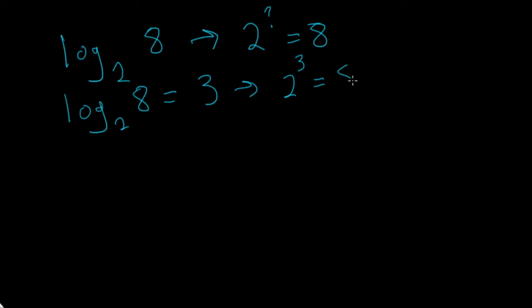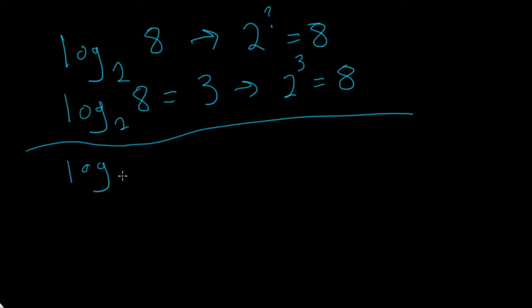because 2 to the third power is equal to 8. All right, so let's try one on your own. So say we have log base 4 of 16. All right, so take a second and see if you can figure this out. So hopefully you realized that logs give us exponents.